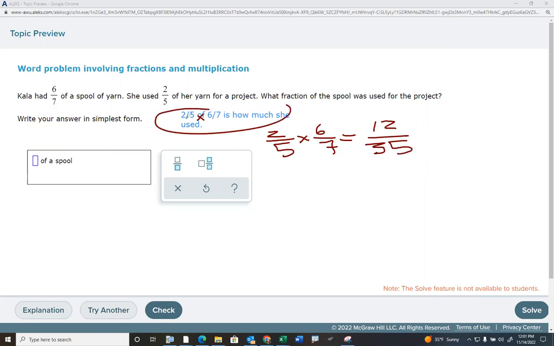Okay, so just think about how you would phrase it out loud. You say, yeah, 2/5 of her 6/7, that's what she's using. That of, though, means multiplication. Now, sometimes of just means of. But here, it means multiplication. And in math problems, that's often what it means. So that is definitely something that you want to be thinking about.